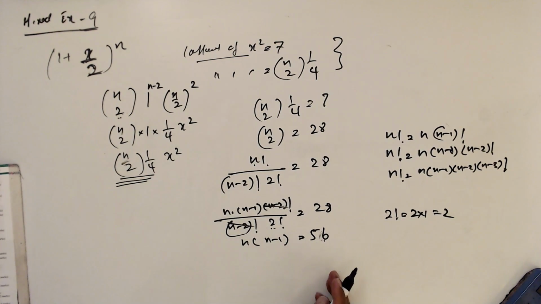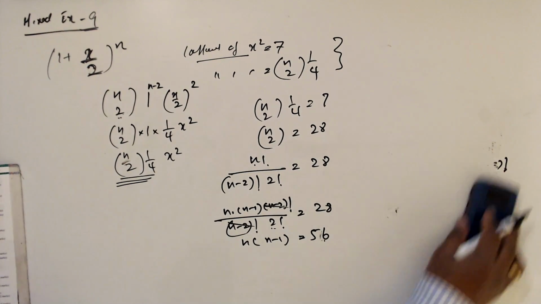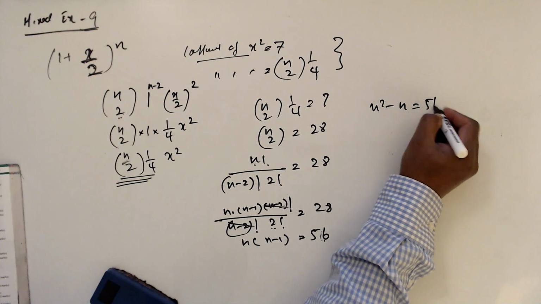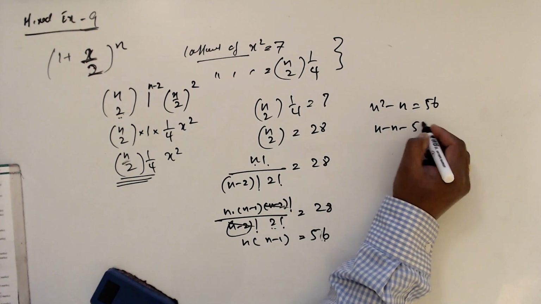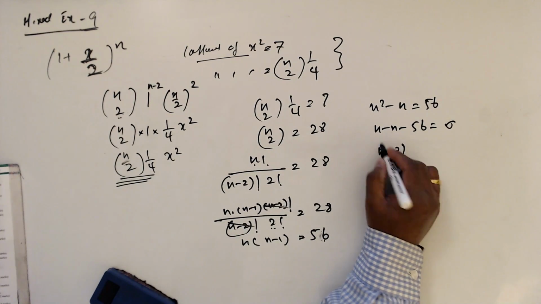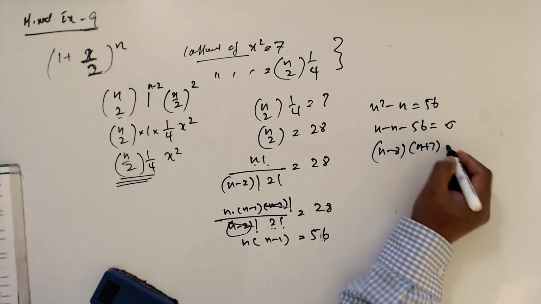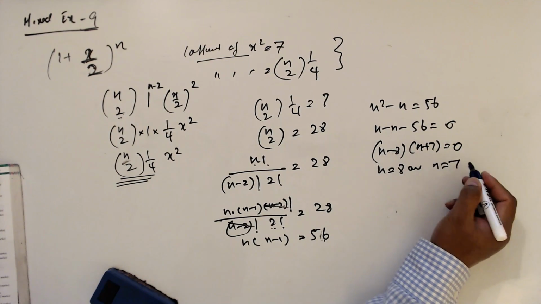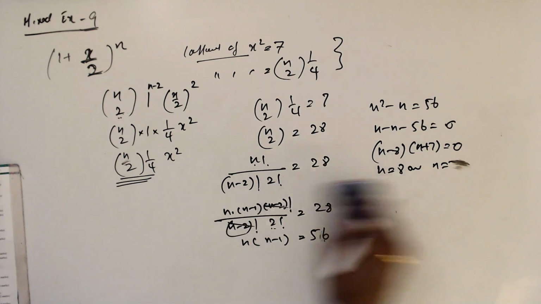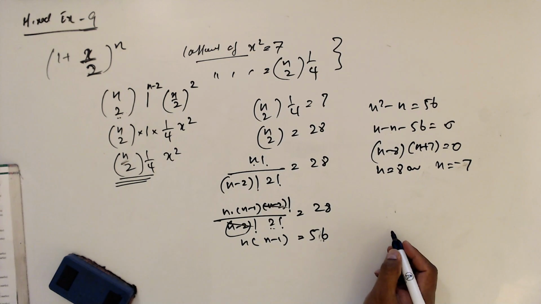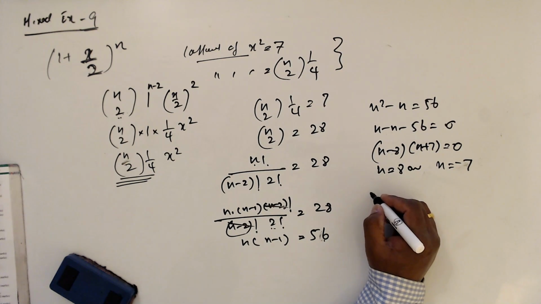Now this is a quadratic equation. We'll solve it now. n² − n = 56. n² − n − 56 = 0. (n − 8)(n + 7) = 0. n = 8 or n = −7.